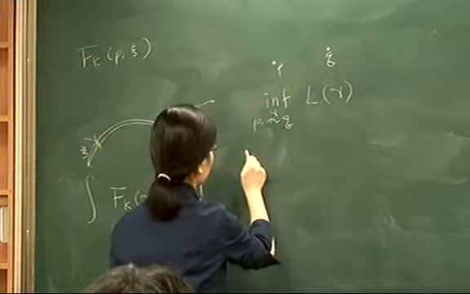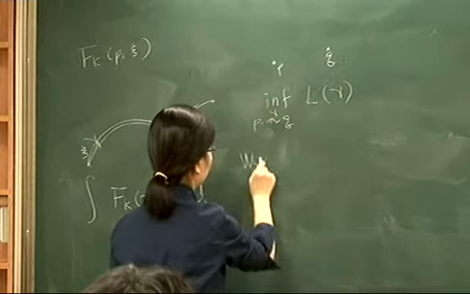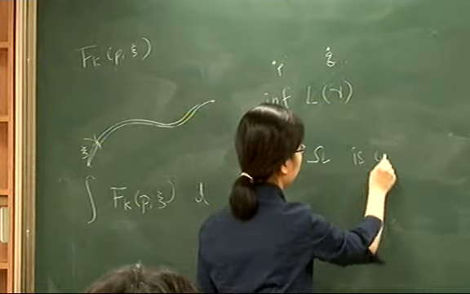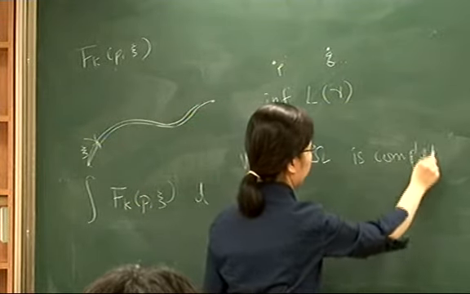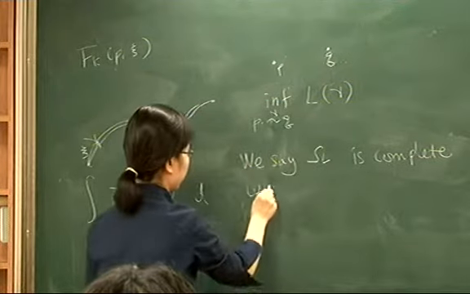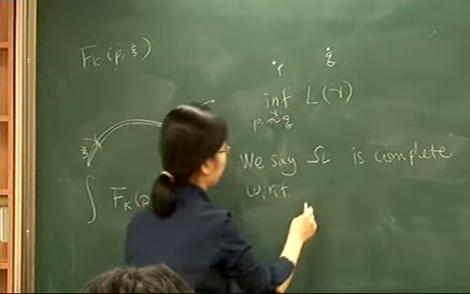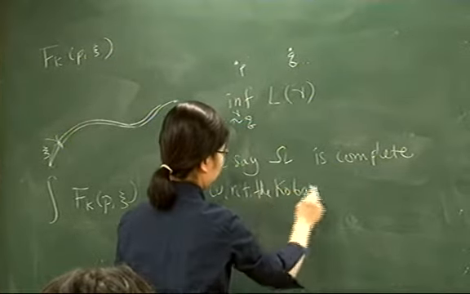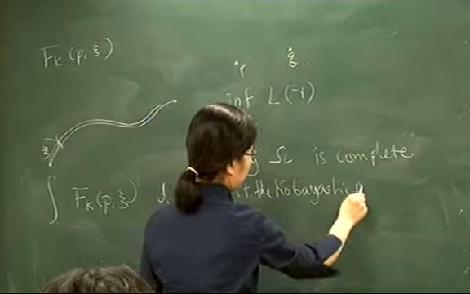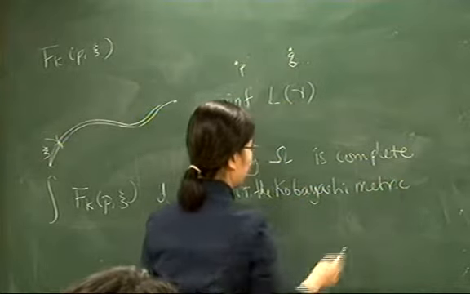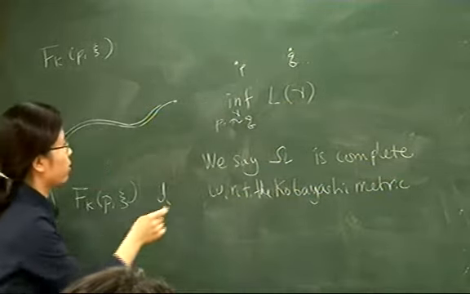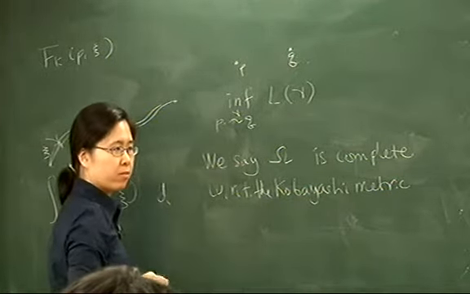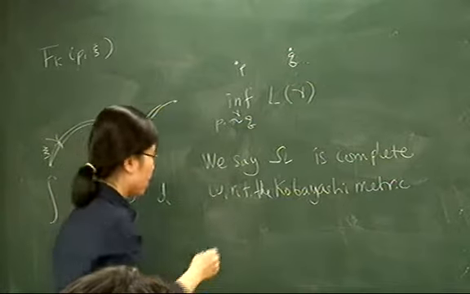And we say a domain omega is complete with respect to the Kobayashi metric if any Cauchy sequence with respect to this distance is convergent inside the domain.